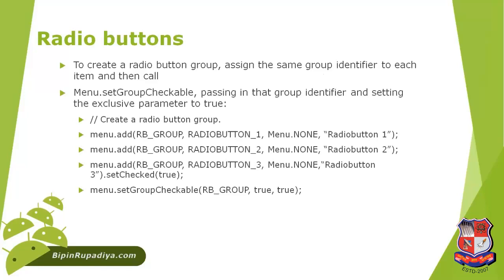So how can we create the radio group here in menu? As you can see, the first item is the group, menu group, that you can utilize as a radio group. So RB group is the integer constant they have created first. You can keep it anything, 1 2 3 4, any IDs that you can specify over there. So that all need to be set.